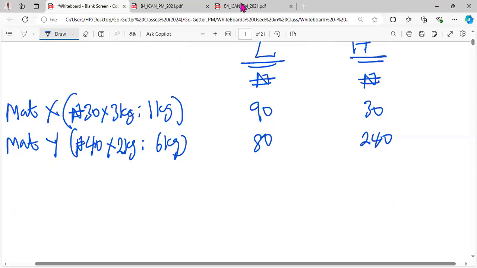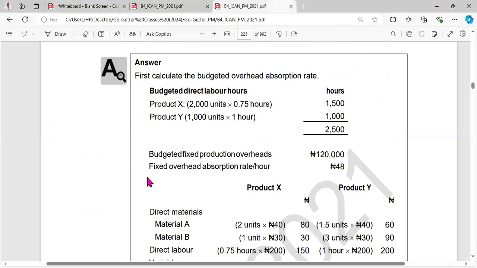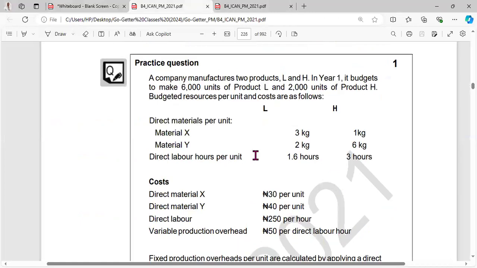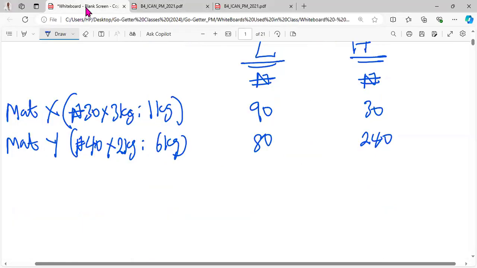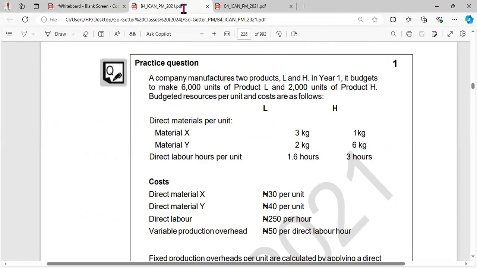The next one, we've done X and Y. Then direct labor. So you come here, direct labor. Now, what is the cost for direct labor? 250 per hour.